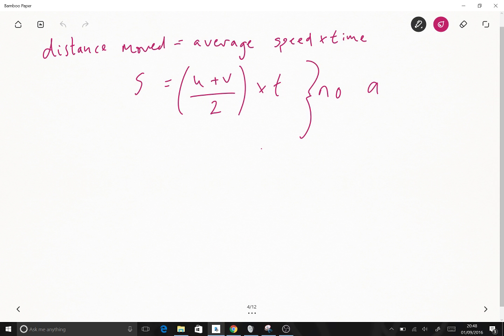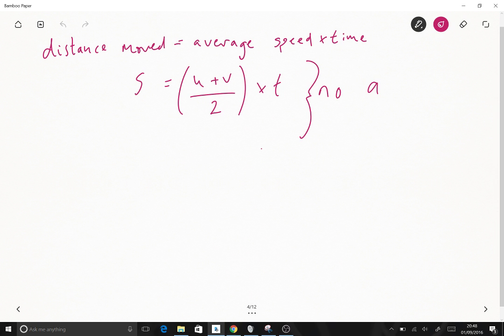And rather than average speed, we can use the vector quantity of velocity. So the average velocity for a constantly accelerating body will be u plus v over 2. Initial plus final, add them together, divide by 2, you get an average. Simple enough. Multiplied by time, and this equation has no a term in it.